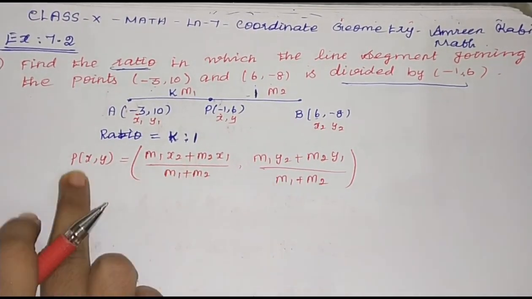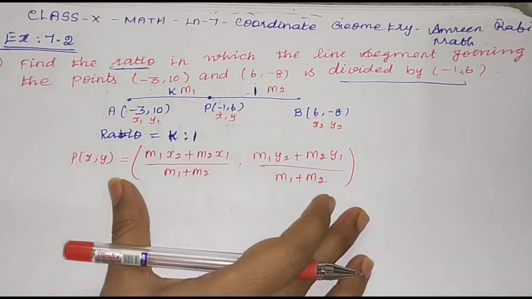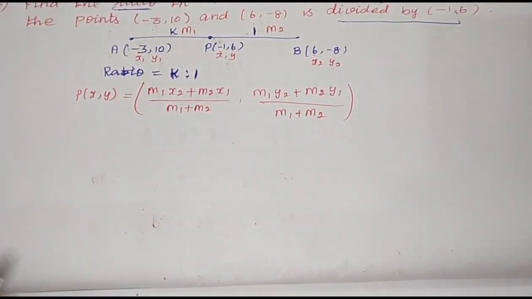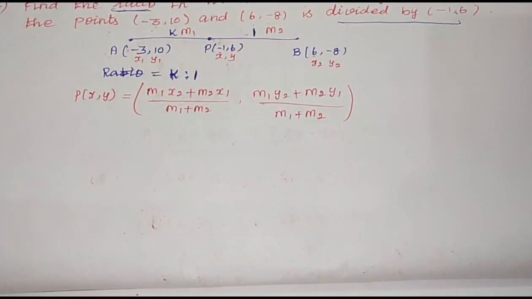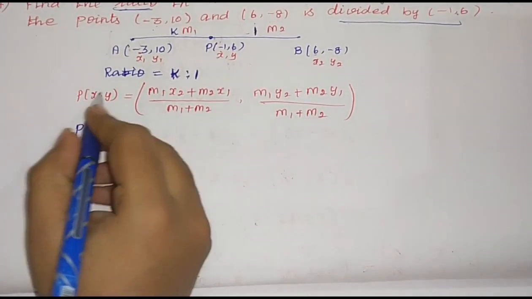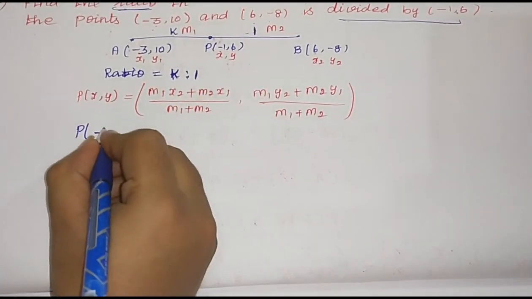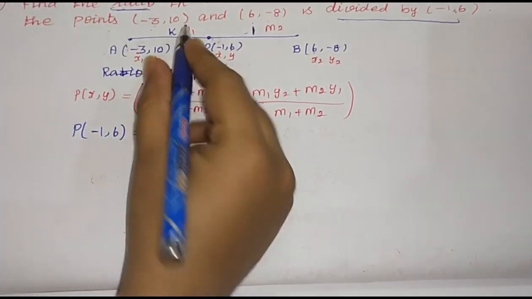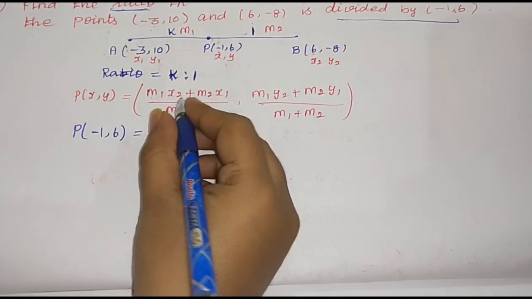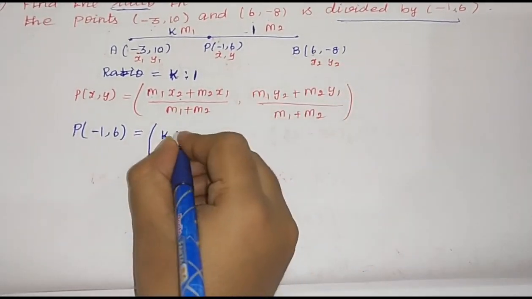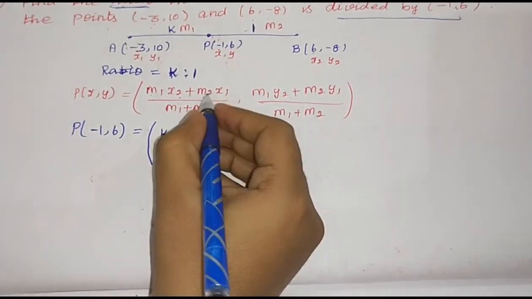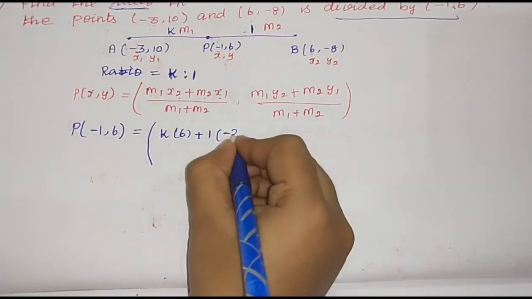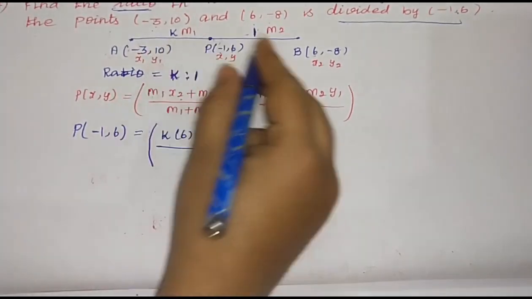Now we can substitute. Left hand side also you have to substitute, the right hand side also you have to substitute. Now I am substituting P of x comma y. So P of, I am writing as it is, instead of x comma y I am writing minus 1, 6 equal to m1, instead of m1 I am writing k, x2 is 6, plus m2, m2 is 1, x1 is minus 3, divided by m1 plus m2.